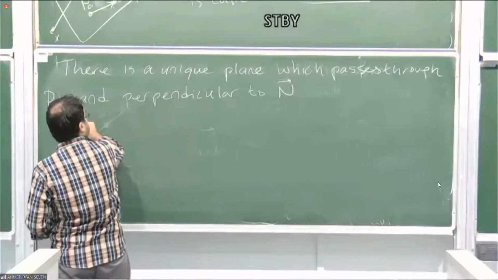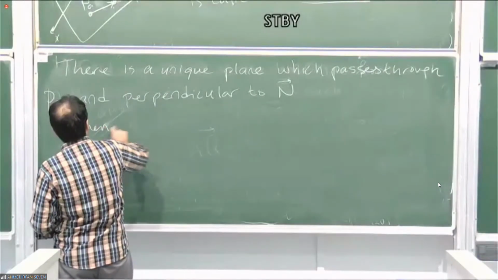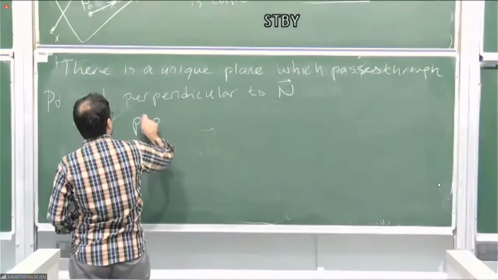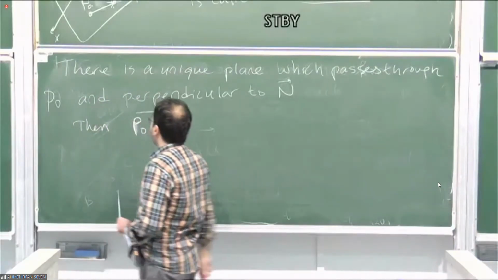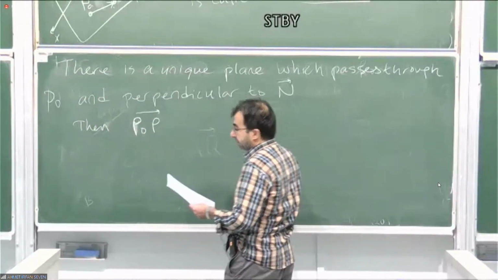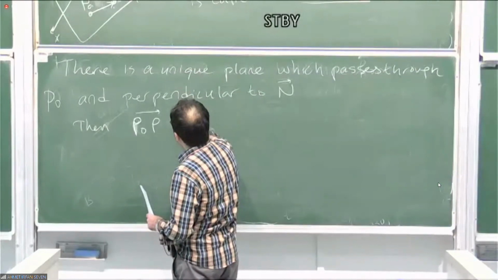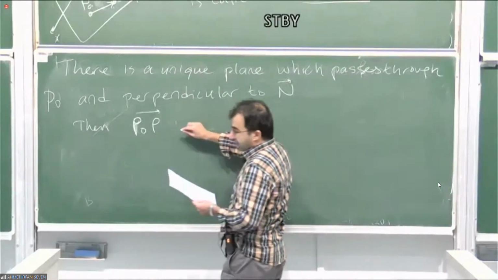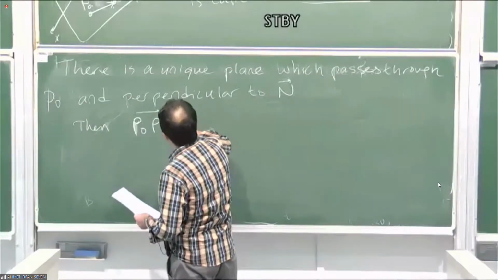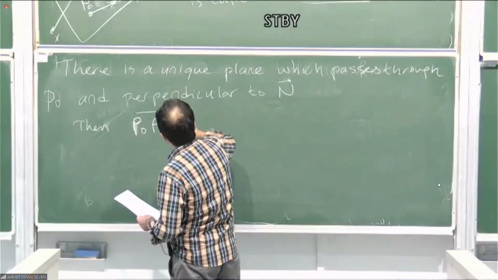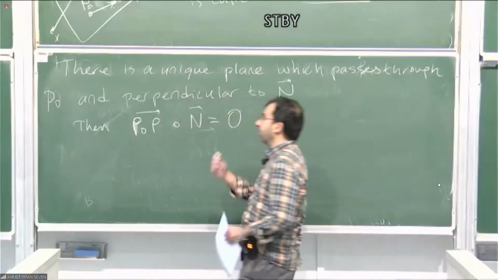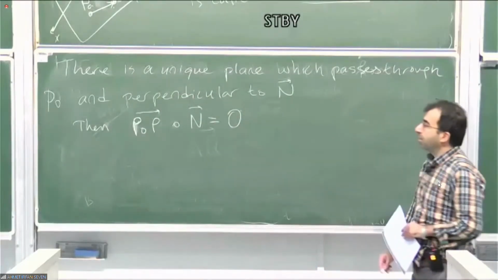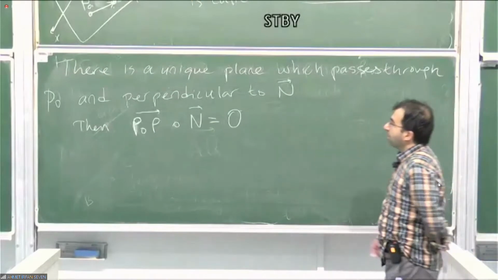Then I consider this vector P0 to P. This will be perpendicular to n, which means that the dot product is 0, if you remember. Okay. All right.